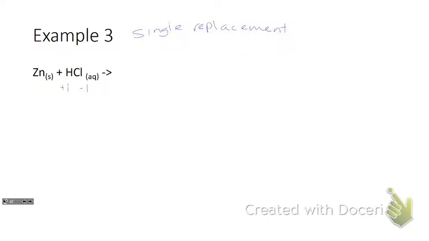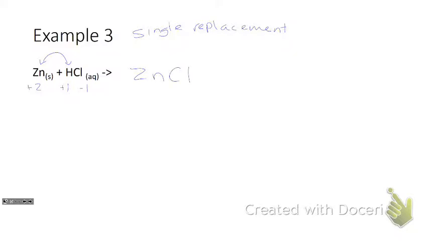Hydrogen will have a charge of +1. And zinc has a charge of +2, but it's just hanging out right now. Okay? So what's going to swap here? Zinc and the hydrogen, right? Our cations are going to swap. Good. So zinc is going to come together with chlorine.